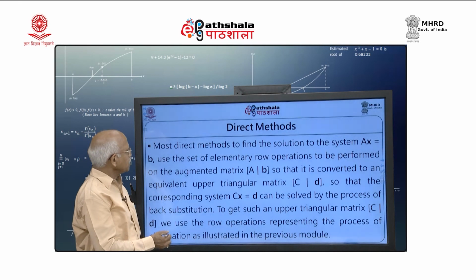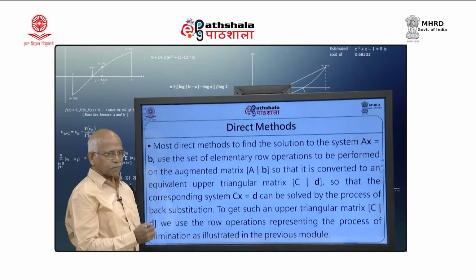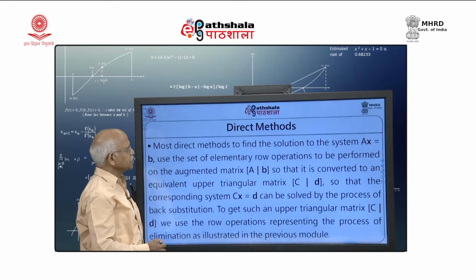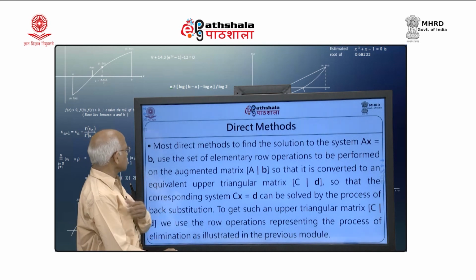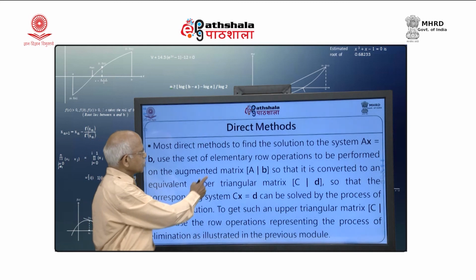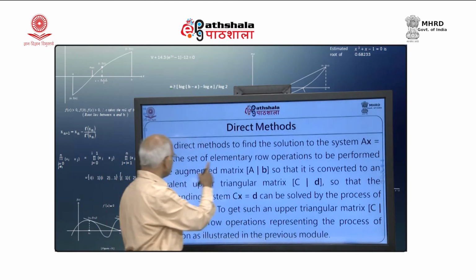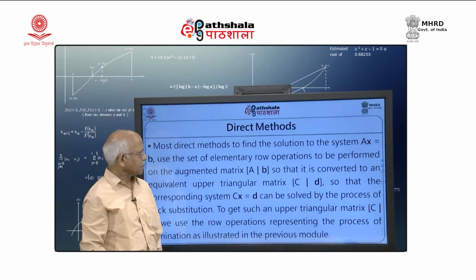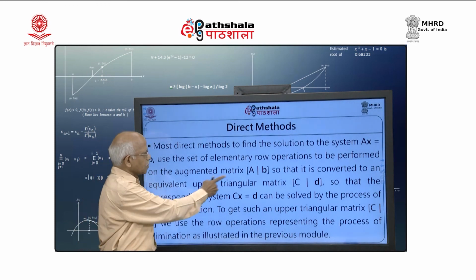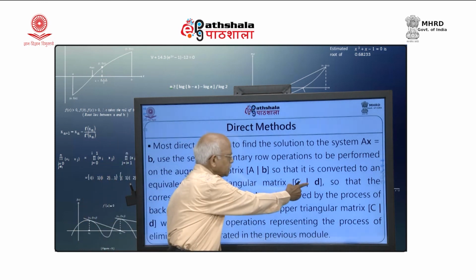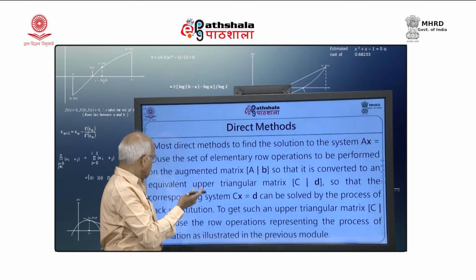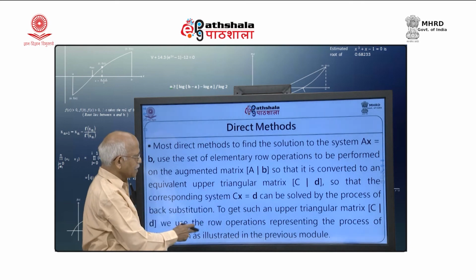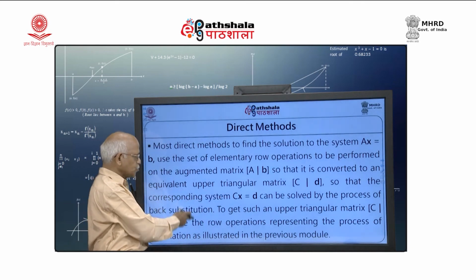Now we are talking about direct methods for finding the solution. Most direct methods to find the solution to the system A x bar equal to b bar use a set of elementary row operations performed on the augmented matrix [A | b bar], so that it can be converted to an equivalent upper triangular matrix [C | d bar], so that the corresponding system C x bar equal to d bar can be solved by the process of back substitution.